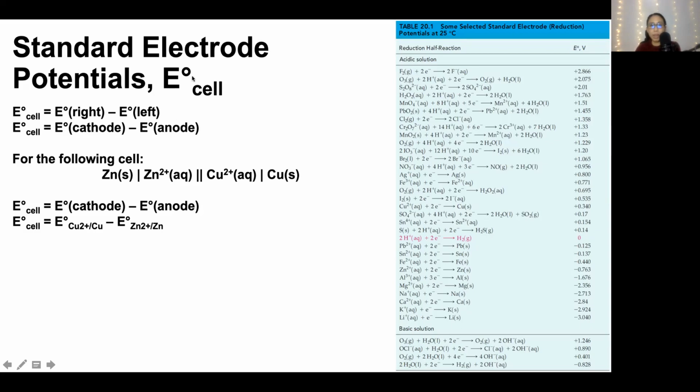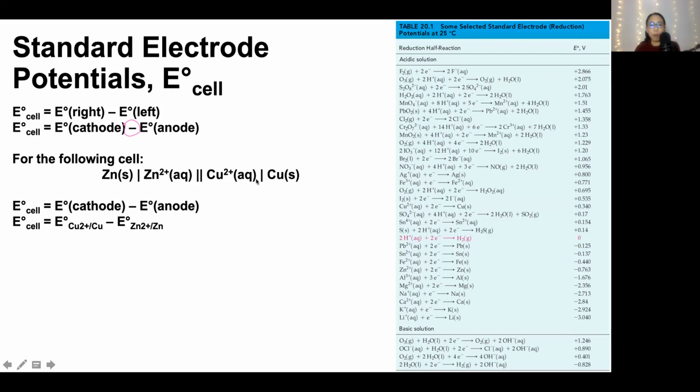Now you might think, isn't it an oxidation reaction that is taking place in the anode? Yes, it's an oxidation reaction. And that's the purpose of your minus sign in the formula. So the minus sign is to invert the sign of your standard reduction potential. So for example, we have this cell. So we have the zinc anode, okay?